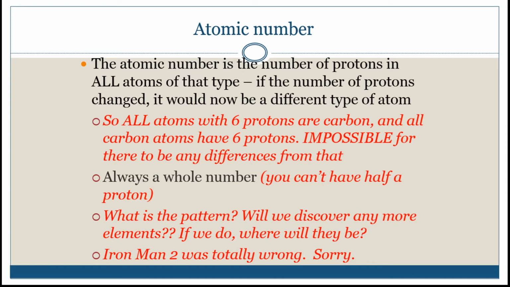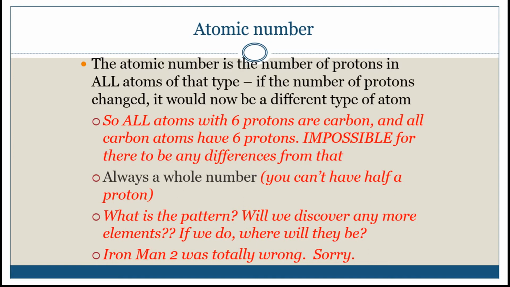How many protons? 12. Scooch to the next one. What's the element after it? Aluminum, which is element number 13. What I want you to notice, and maybe this is too obvious, is it goes up by 1. Every time you move over one spot on the periodic table, it goes up by 1.